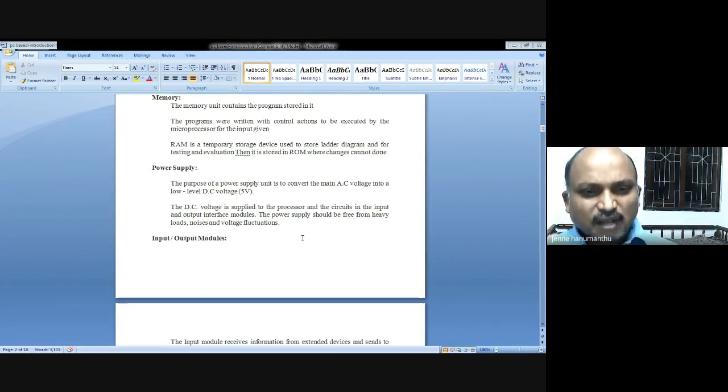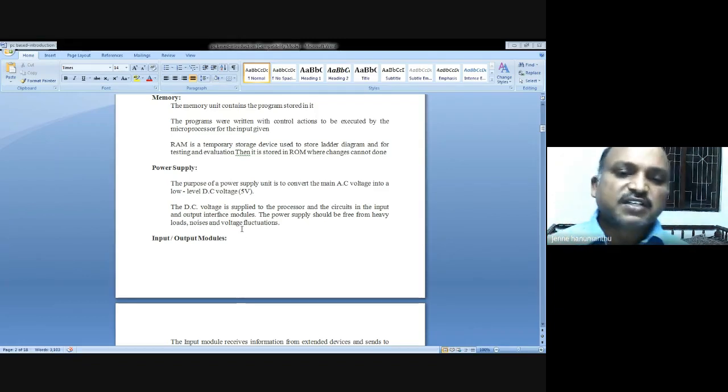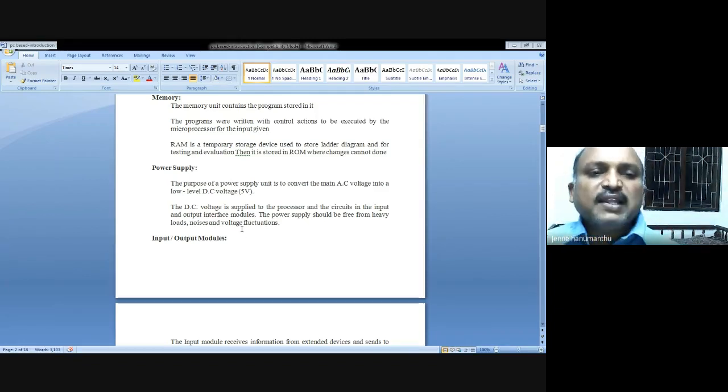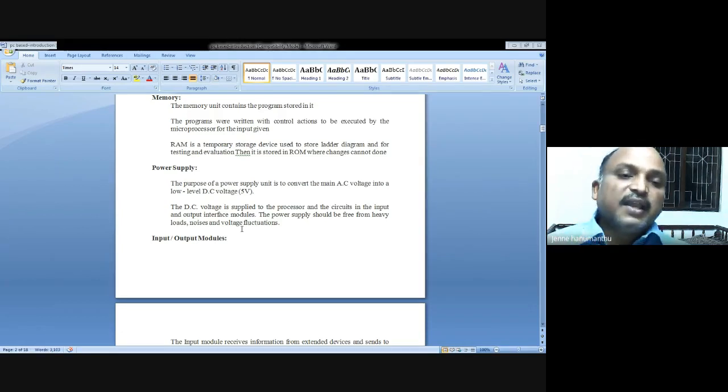The DC voltage is supplied to the processor and to the circuits, the input and output interface modules. The power supply should be free from heavy loads, noises, and voltage fluctuations. While any process, function, or control action is going on, there should be no voltage fluctuations.